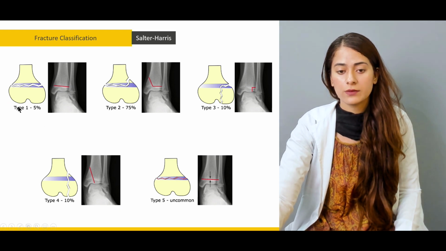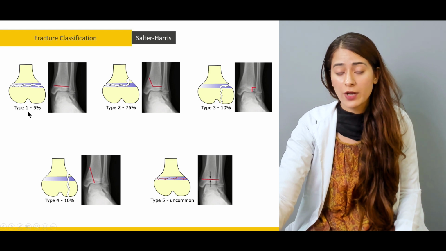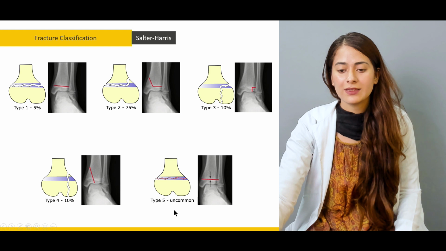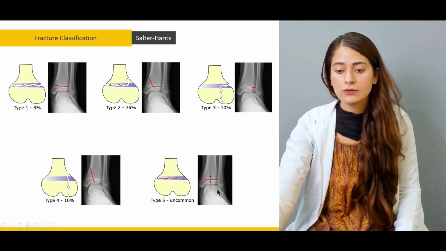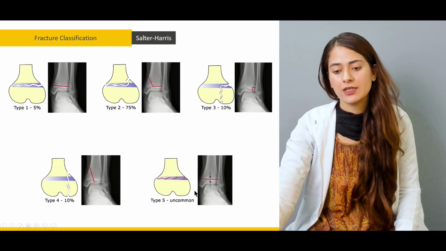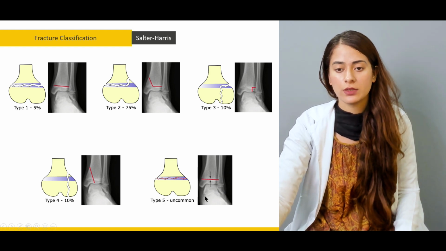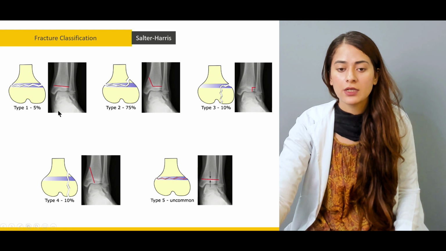Then the chance of the type 1 Salter-Harris fracture is 5%, and the incidence of type 5 fracture is currently not known, but these are usually rare.